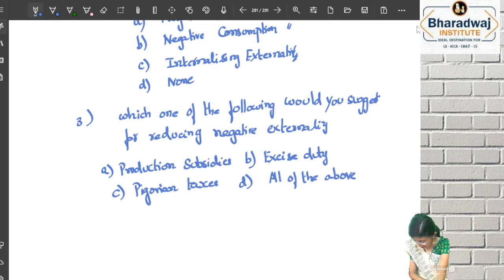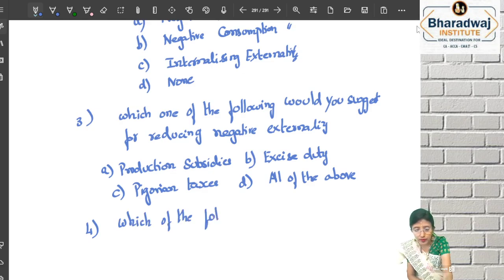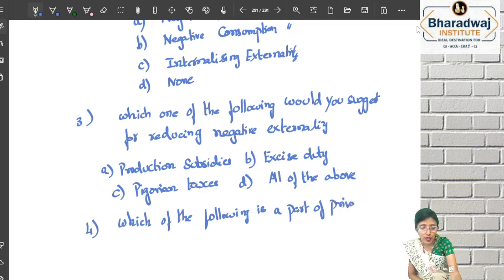It is a big one. Fourth one. Which of the following is a part of private cost incurred by the firm?